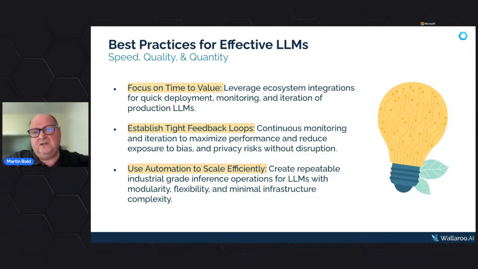The other part is scaling as well. You're not just deploying one model into production. You're probably going to be deploying multiple models into production in different geographies. In the case of Edge AI, you're probably going to be deploying to hundreds, if not thousands, of devices.